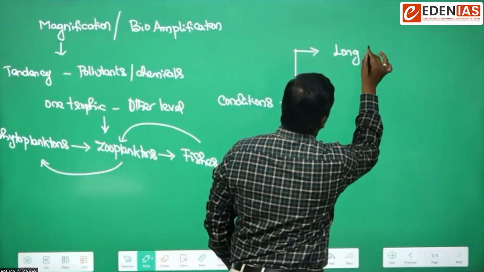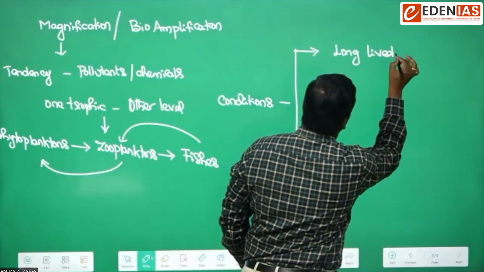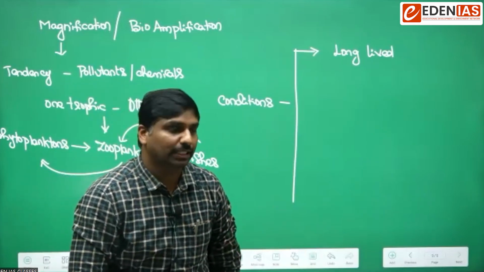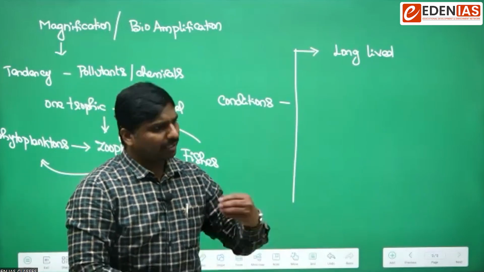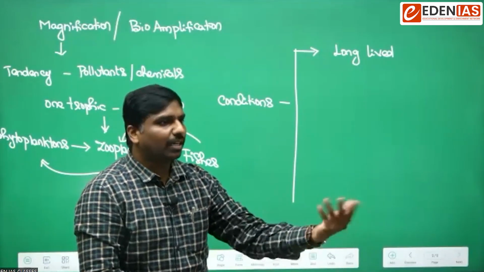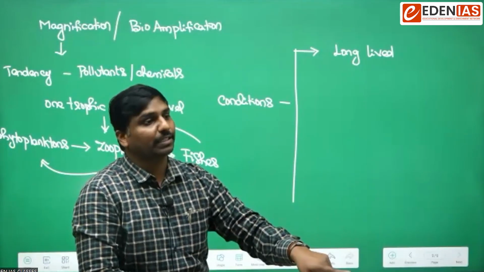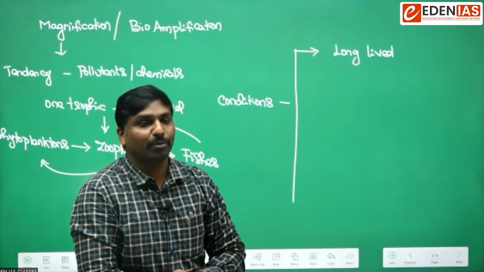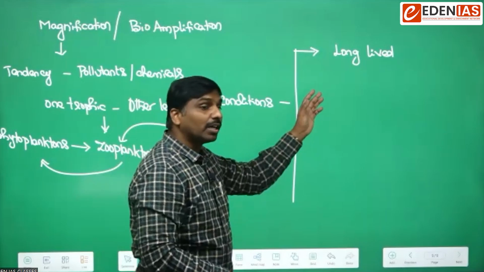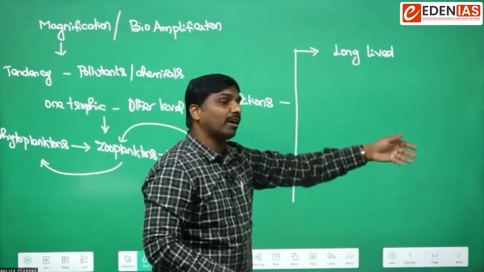It must stay in the environment for longer times. For example, if it gets degraded within 1 day, then obviously this particular chemical cannot get biomagnified. So it is not possible. So a pollutant should be long-lived, or it should stay in the environment for a longer period.